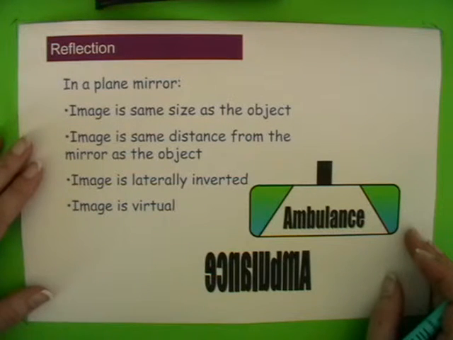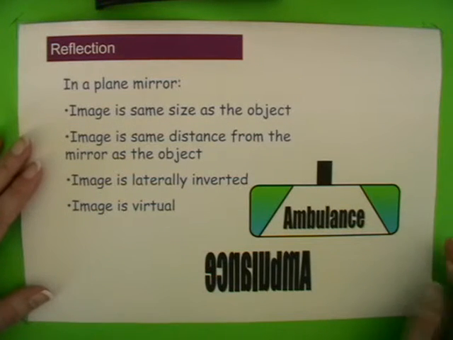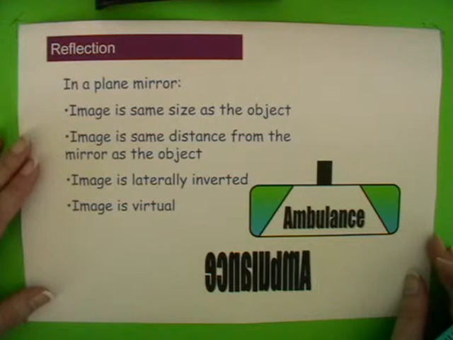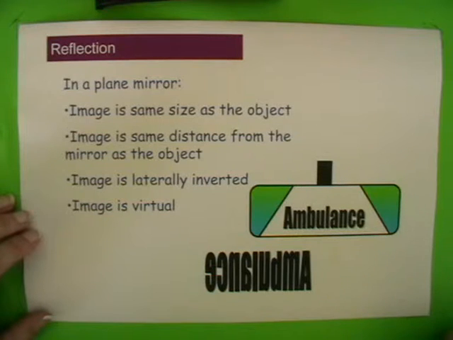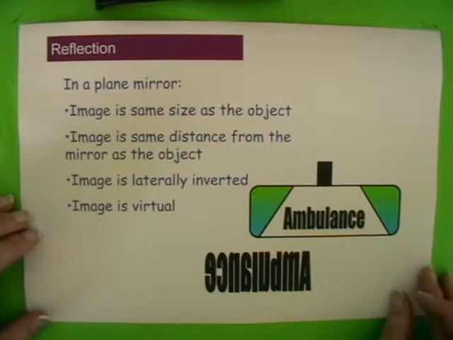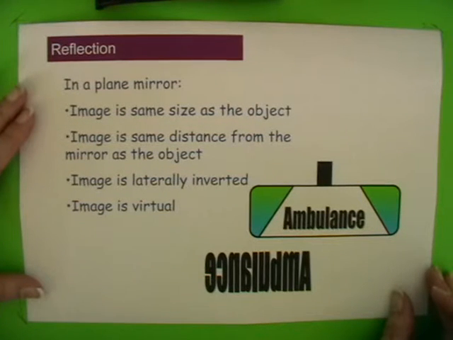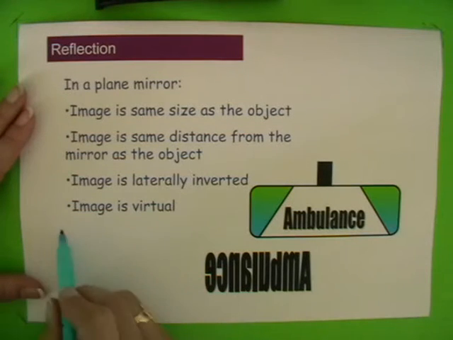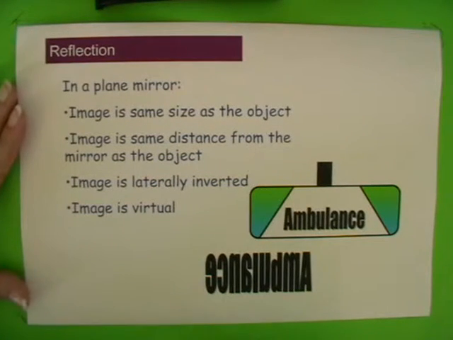We often see this whenever we're looking at emergency vehicles. They use this property to good effect. If we look at the front of an ambulance, the letters are written to our eyes to be back to front. This is so that drivers in rear view mirrors can see when an ambulance comes behind them, they can clearly read the fact that it's an ambulance. Also, the image is virtual.